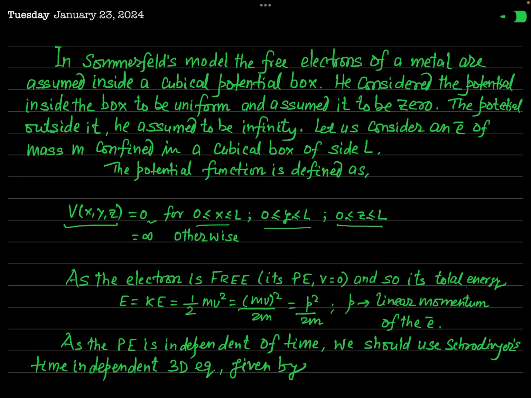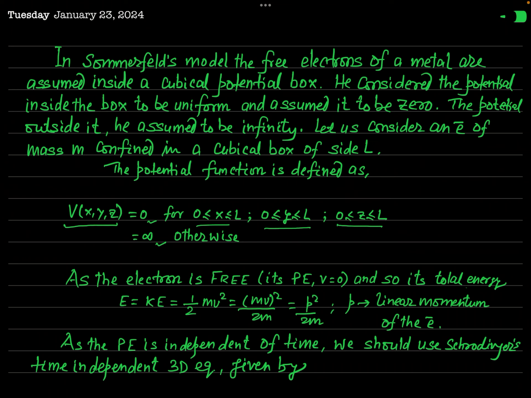But outside of this box the potential is infinity. So this is how the potential varies in this region. Okay, inside the box the potential is 0 throughout, and outside of the box it is infinity. And since the potential at the surfaces is infinity, the electron cannot escape through the surfaces.